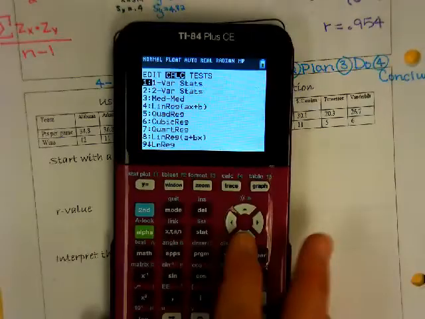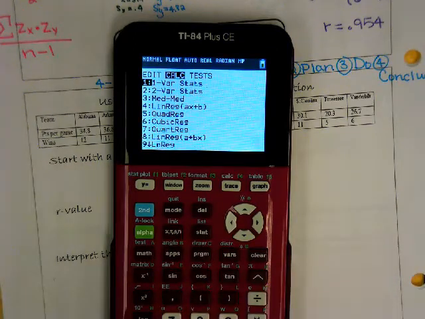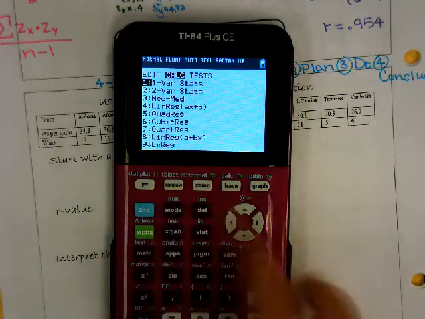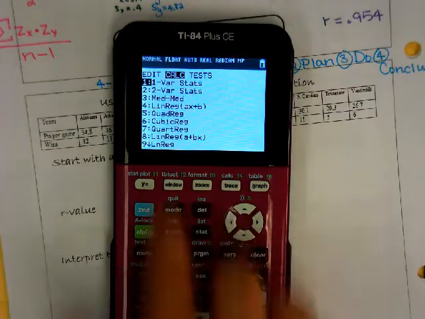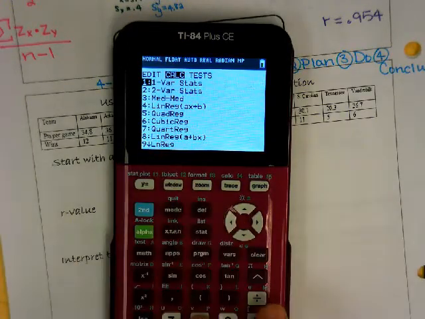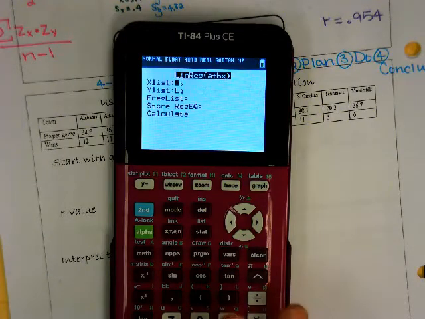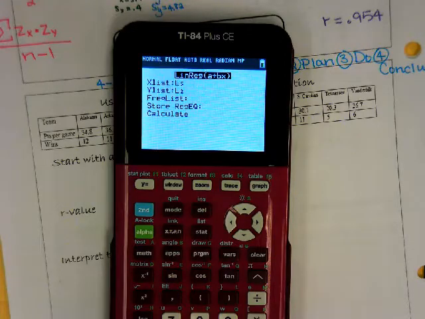So either go down, highlight 8, or just hit the number 8. And then it's going to ask you what lists you're working with. Anybody on an 83? On the 83s, remember they don't always prompt you for stuff.